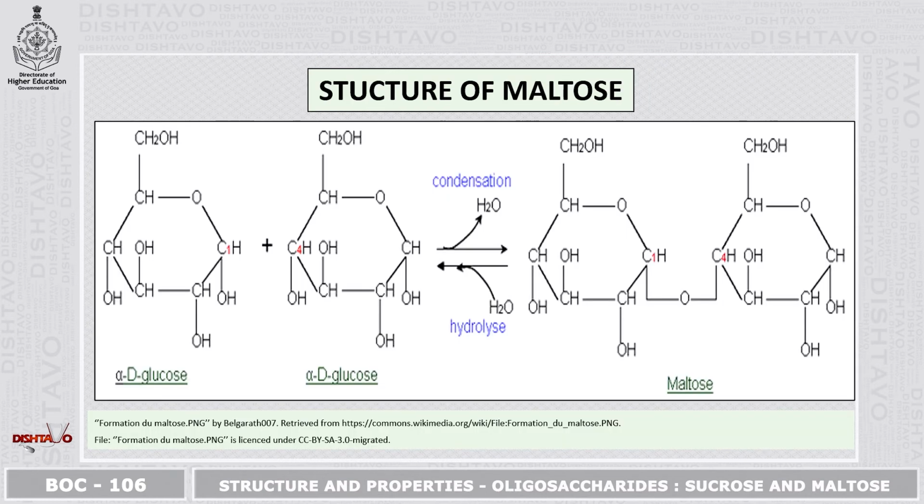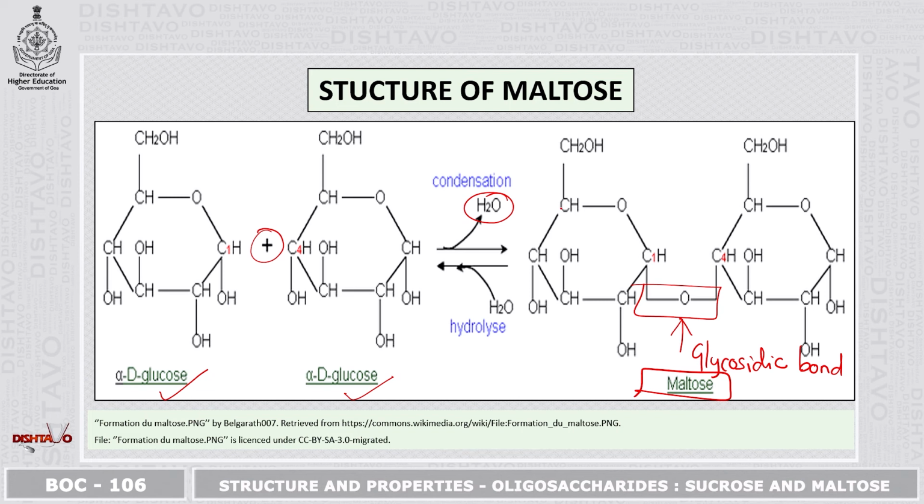Coming to the structure, here we have glucose and glucose units which combine and undergo a condensation reaction during which water is given out as a byproduct. It results in the formation of a glycosidic linkage or glycosidic bond, and finally the formation of the maltose molecule.